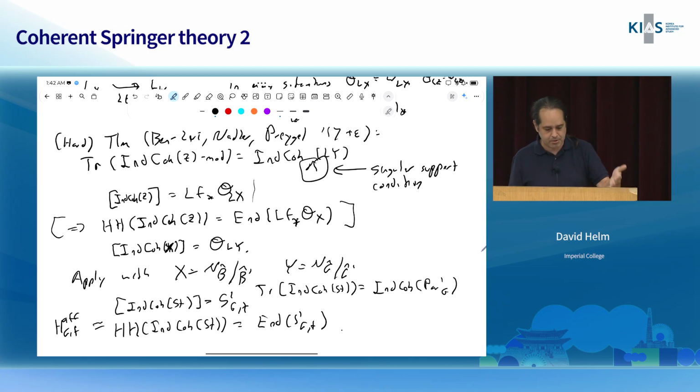Well, we haven't quite won because we have to check compatibility of our construction with parabolic induction, and we have to check its compatibility with the Whittaker function. But compatibility with parabolic induction at this point is something you can check on the level of H0s.